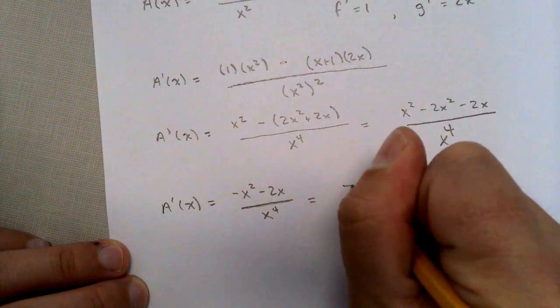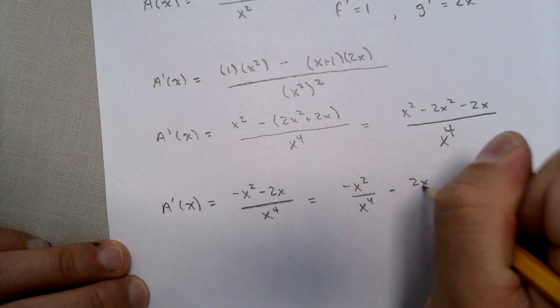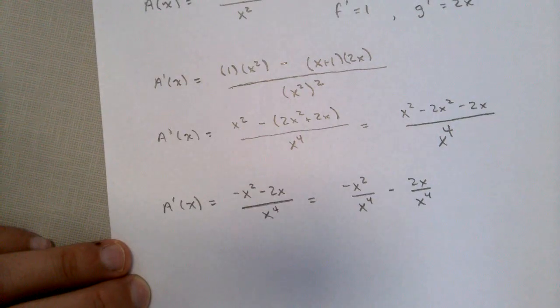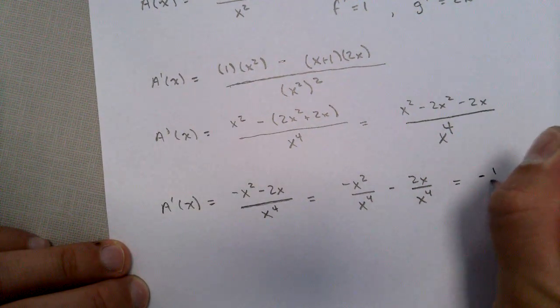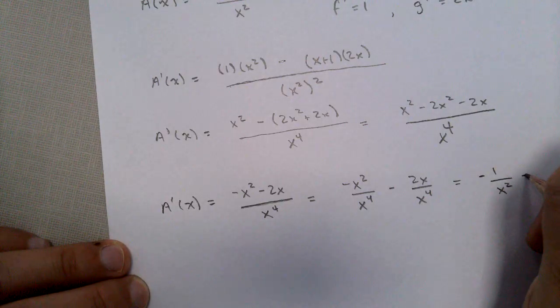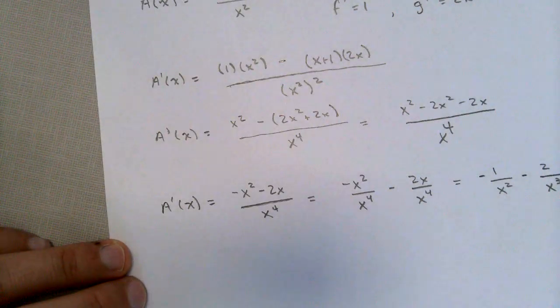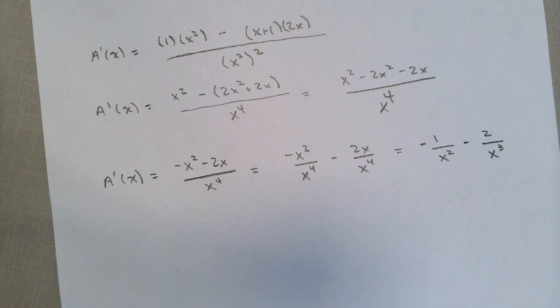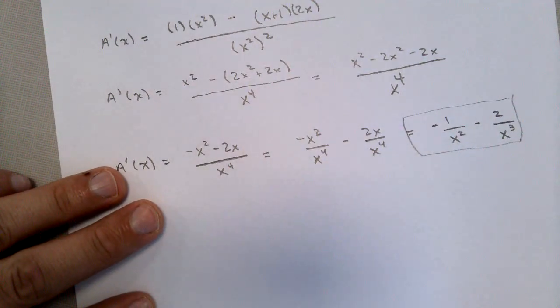Negative x squared over x to the 4th power minus 2x over x to the 4th power. So this will be equal to negative 1 over x squared minus 2 over x cubed. And that's our derivative, a prime.